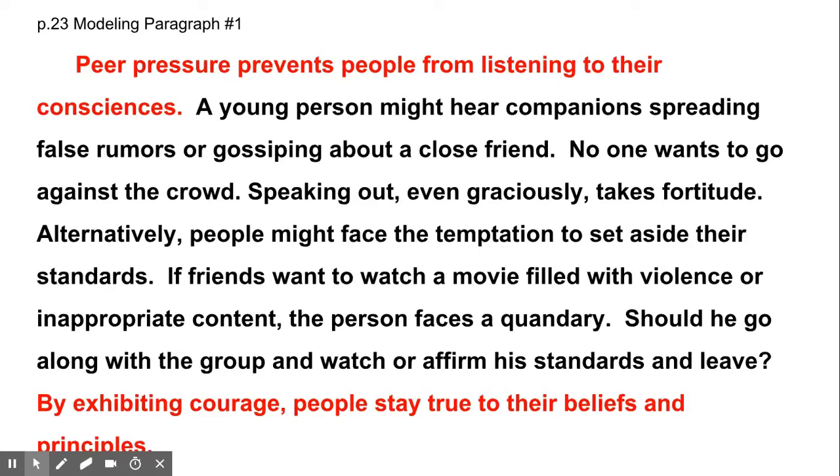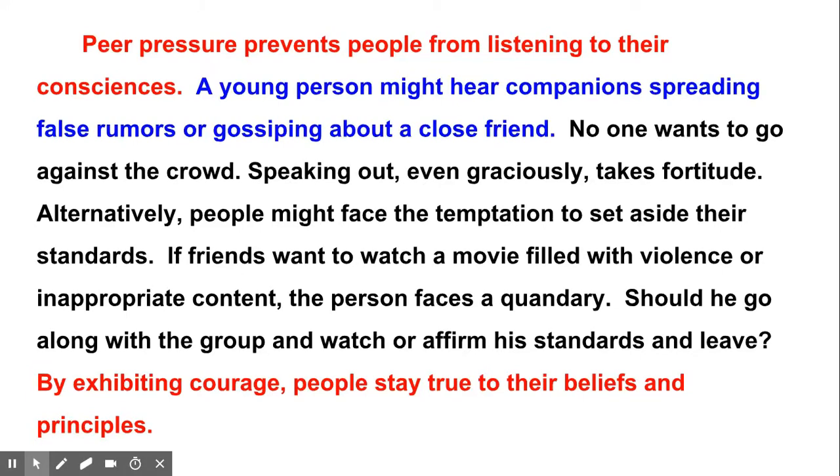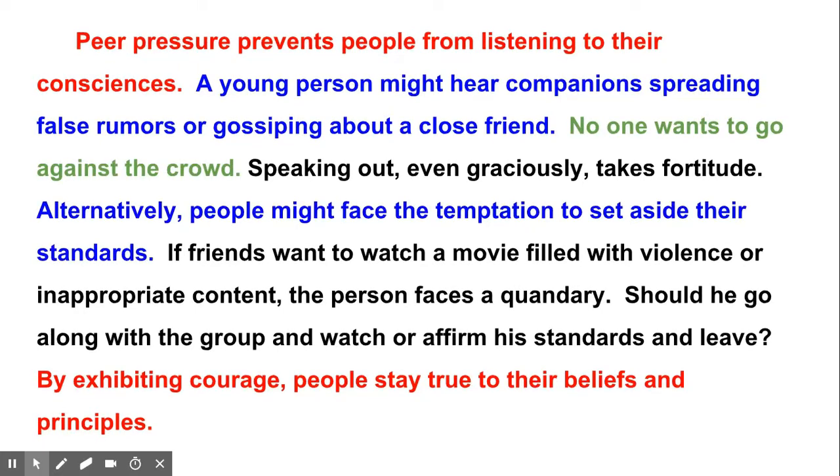Let's look at that first statement. I'm now putting the statement in blue. It is followed by an example or an explanation. And then the second example or explanation is left in black for you.